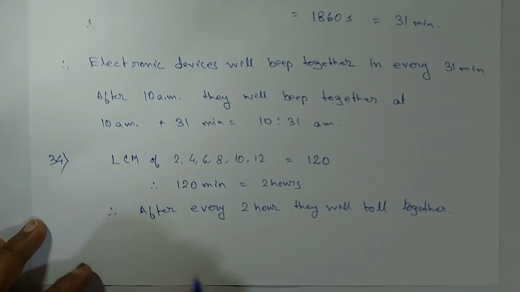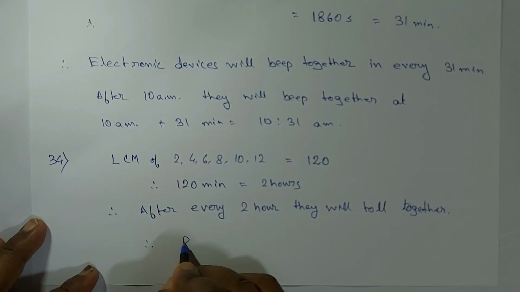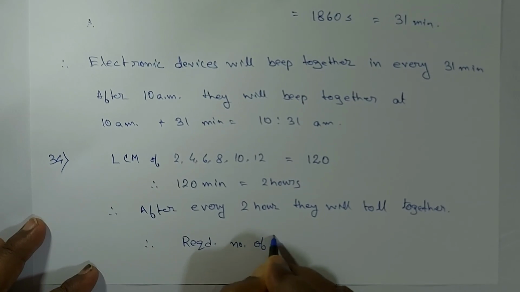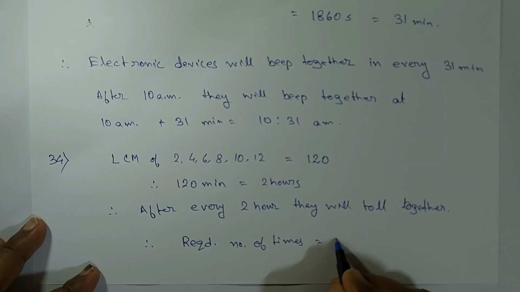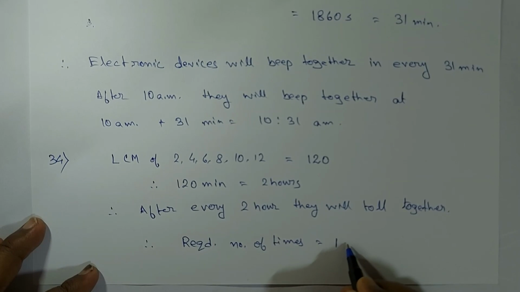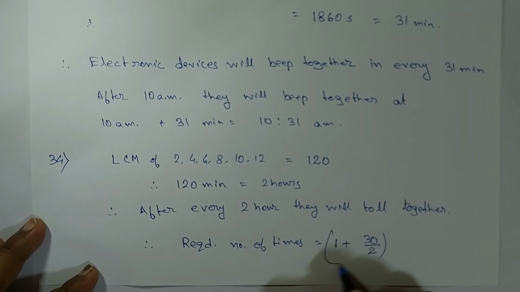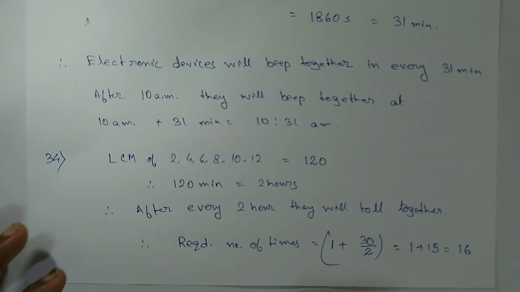The required number of times means how many times they will toll together. First they toll together at the very starting, so that is 1 plus 30 by 2, that means 1 plus 15, 16 times.